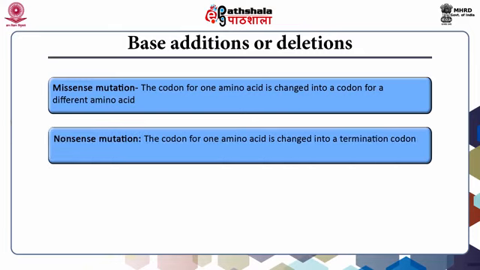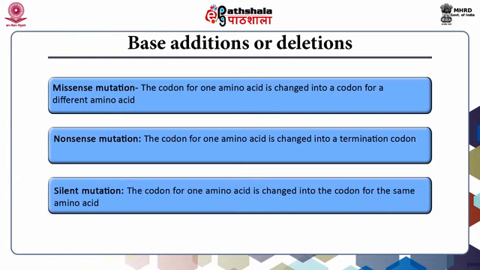The nonsense mutation is the one where the codon for one amino acid is changed into a termination codon, so the protein synthesis will be terminated. The third category is silent mutation, where the codon of one amino acid is changed into a codon for the same amino acid. So, these are the three categories of base addition or deletion among gene mutations.